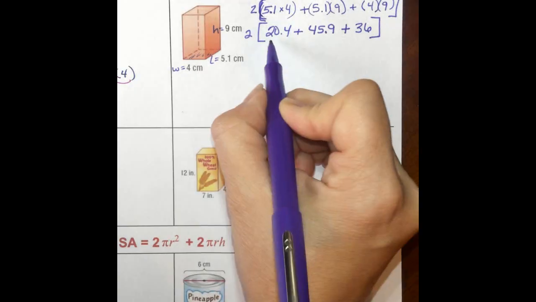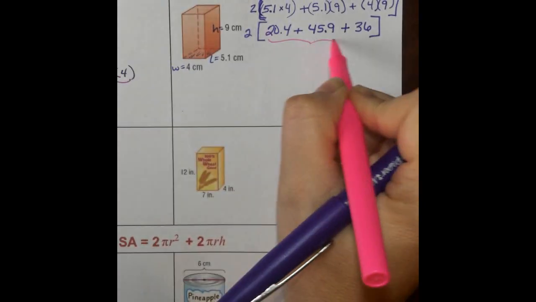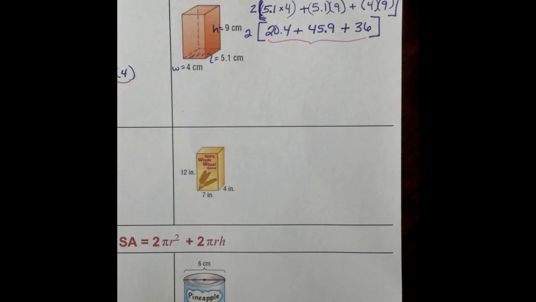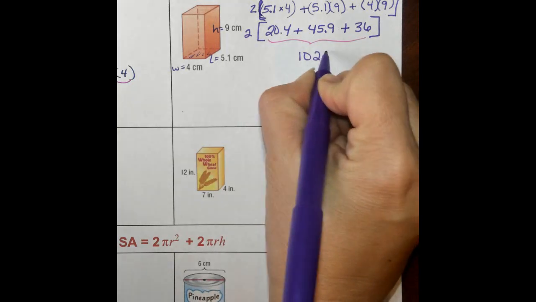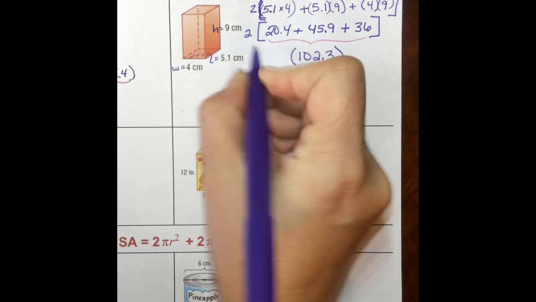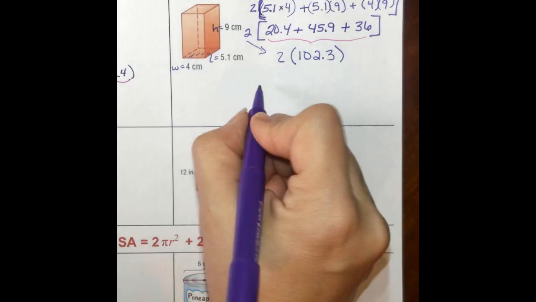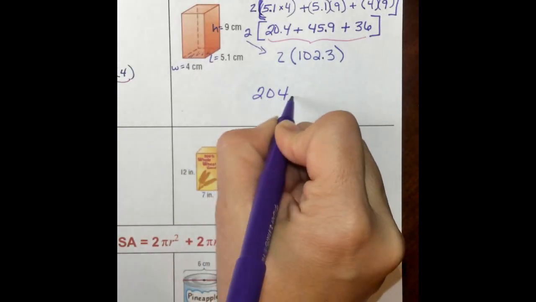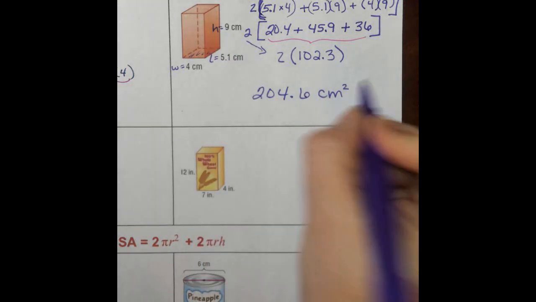So we want to do what's in there first before we multiply by 2. So adding those all together, we come up with 102 3/10, and then we're going to multiply that by 2. So we come up with 204 6/10 centimeters. Because it's area, it's going to be squared.